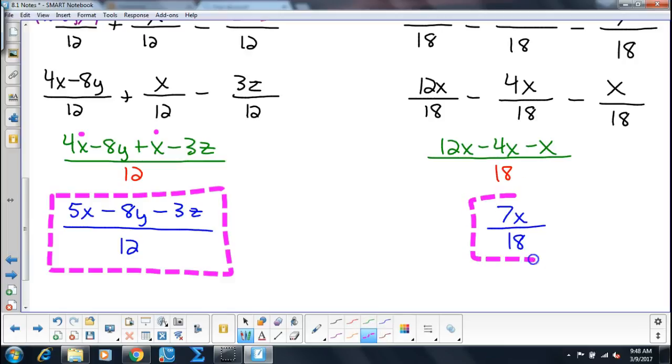Nothing can be reduced. Okay? Questions? Comments? Concerns? Okay. When it's all said and done, all you're doing is adding and subtracting fractions. Okay? Handle? Awesome sauce.